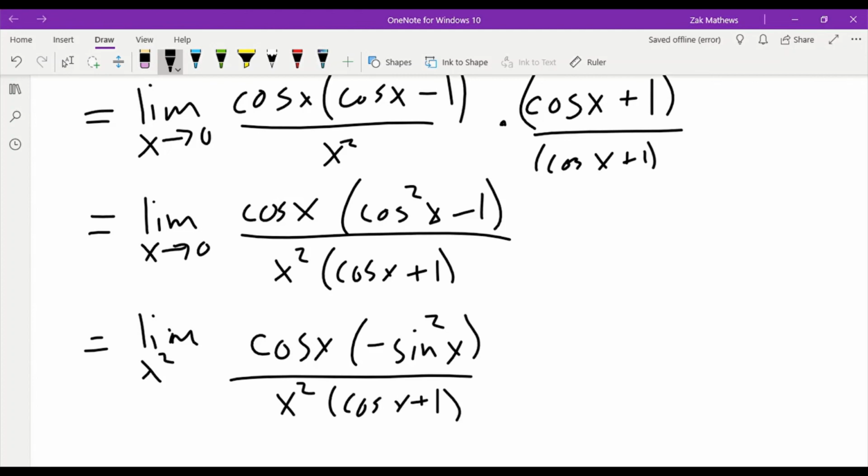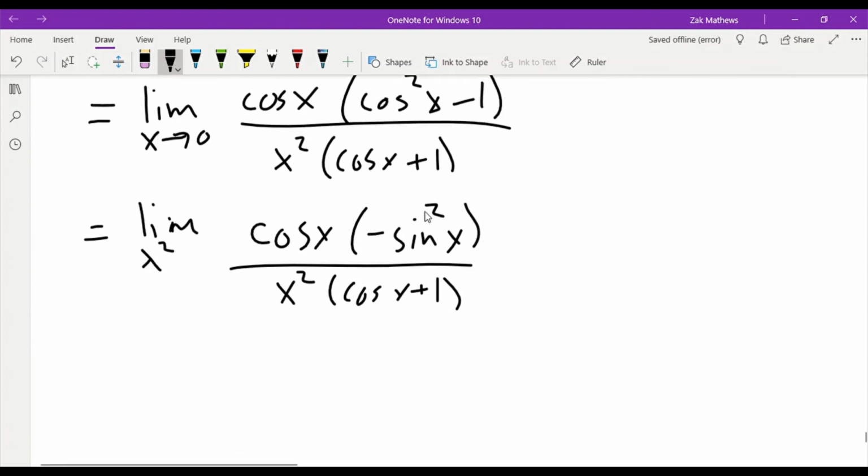And so now we're at this point, and we're very nearly done, even though it doesn't look like it. Let me fix this. X was supposed to be going to 0. So sine x over x is equal to 1. Well, conveniently enough, we have a sine squared here and we have an x squared here. So we can break this up into that pairing. I'm going to rearrange this a little bit. The negative can come to the front.